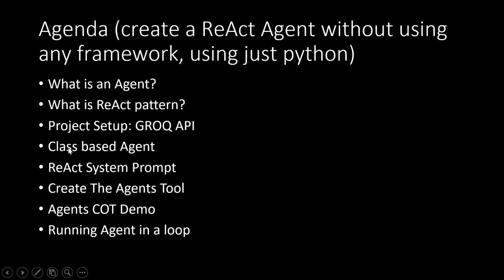And then we will create one class-based agent, a basic Python-based agent, and we will build its system prompt, create the agent tools, do a chain of thought demo, and run the agent in a loop. All these things we are going to cover today.